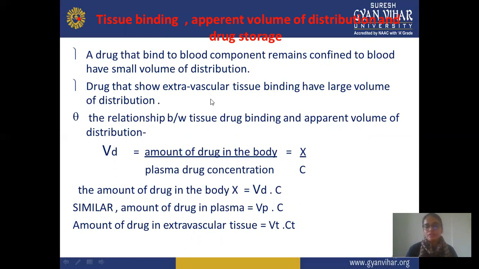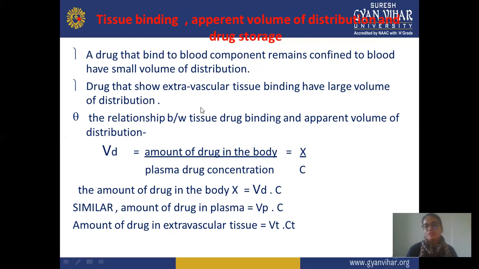So when a drug binds with blood components it shows less distribution, but when it binds with extravascular or highly perfused tissue, it shows large distribution.